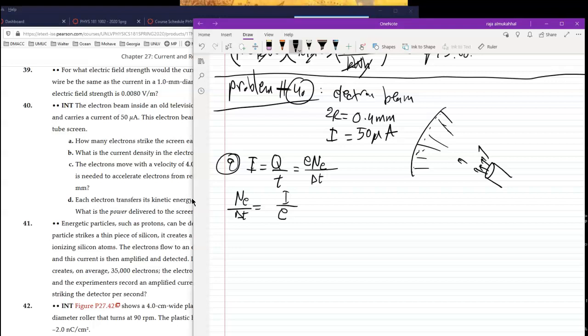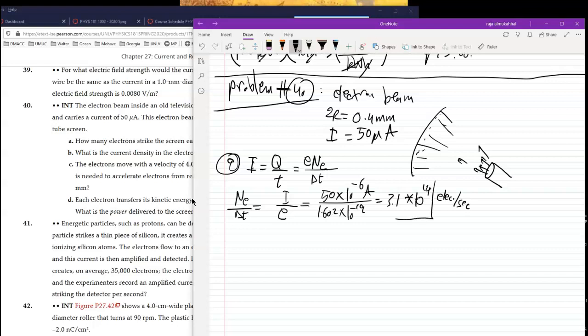And the current is given to me, 50 microamp. That's 50 times 10 to the negative 6 amp divided by the fundamental charge. I have already calculated this one, and it's equal to 3.1 times 10 to the power of 14 electrons per second.